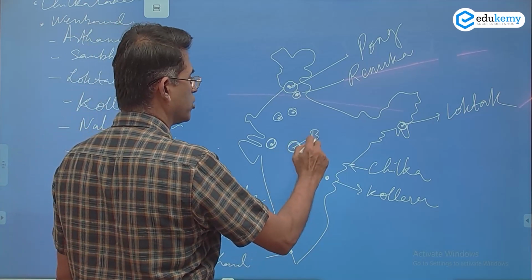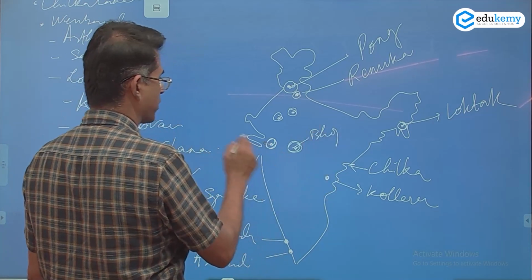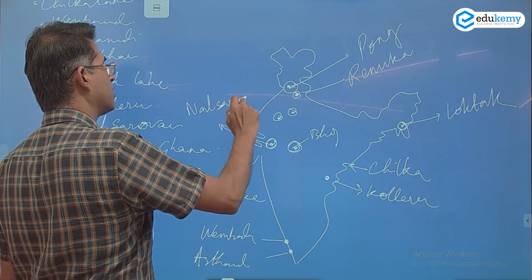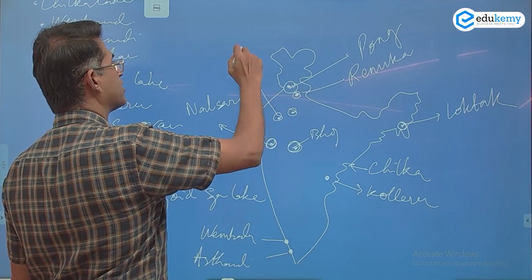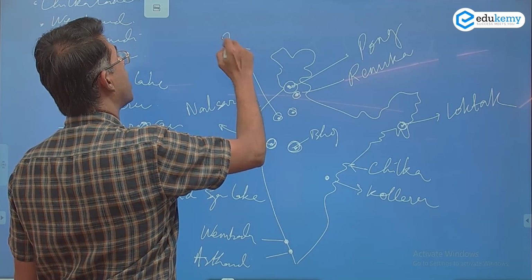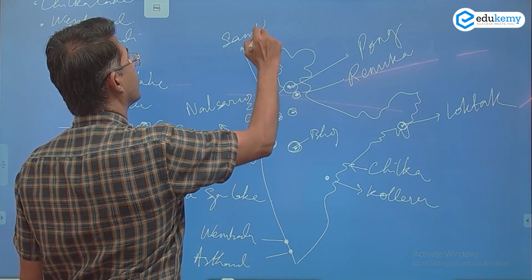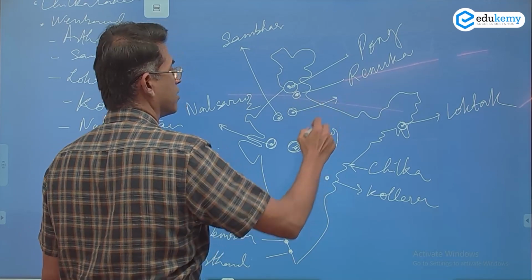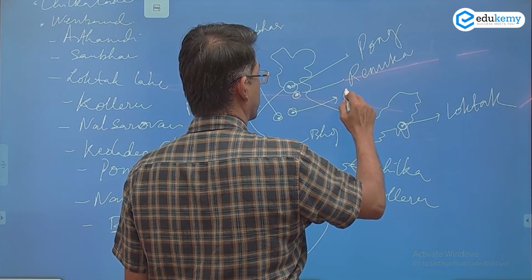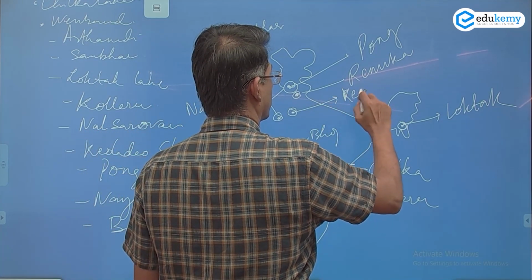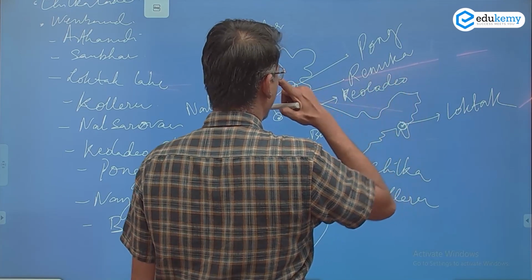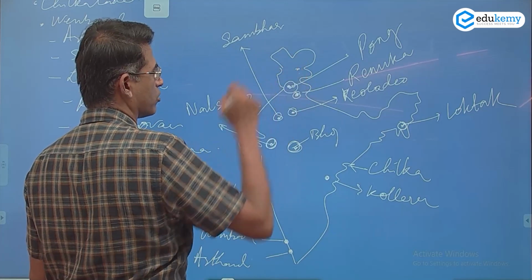This is Bhoj. This is Nal Sarovar, Gujarat. This is Sambar Lake. Bharatpur, Keoladeo. We have a couple of lakes of Ladakh also.